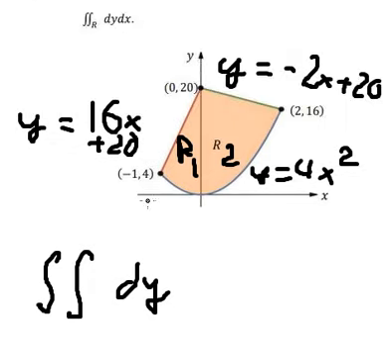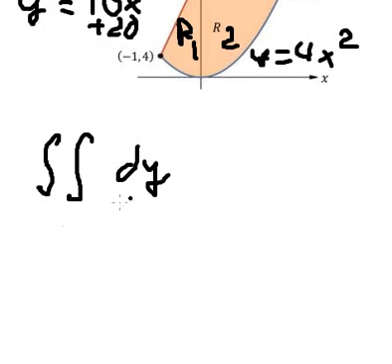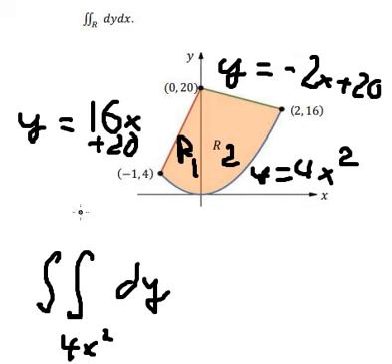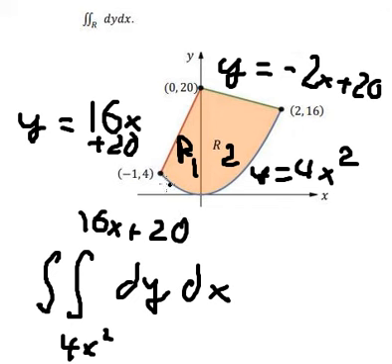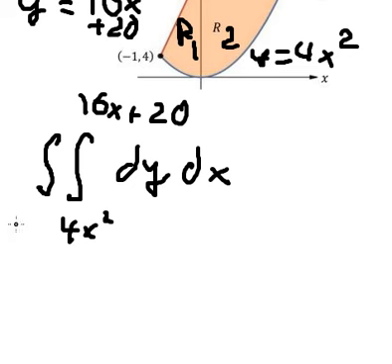The blue one is the bottom and the red one is the upper, so we put 4x squared as the lower bound, and the next one should be 16x plus 20. About x, they start at negative 1 and they stop at 0 in here. So that should be from negative 1 to 0.